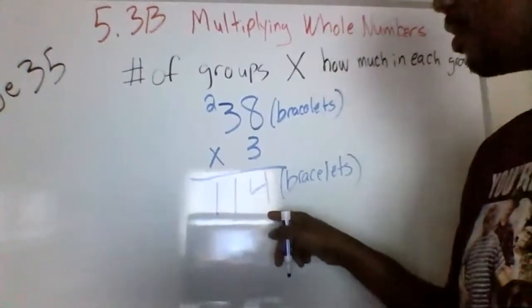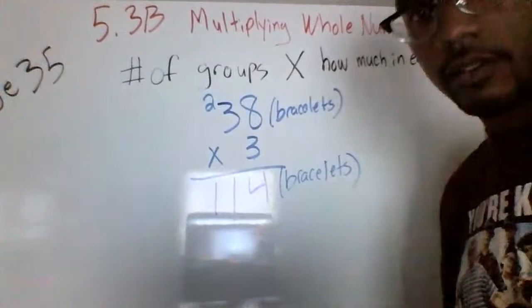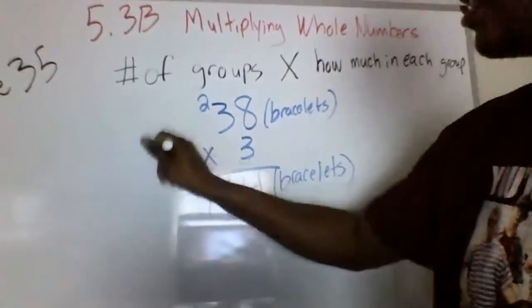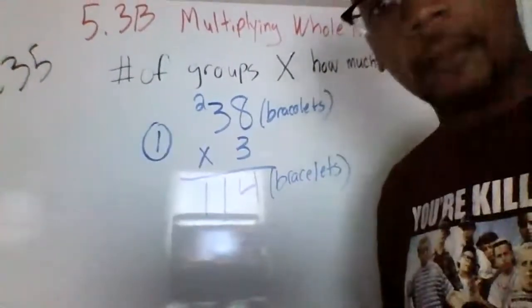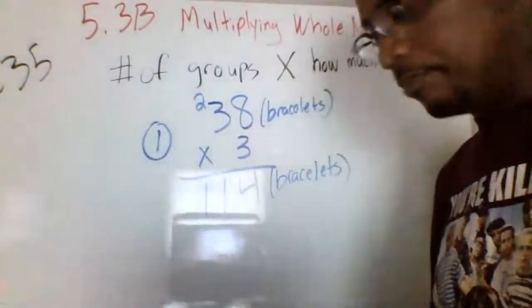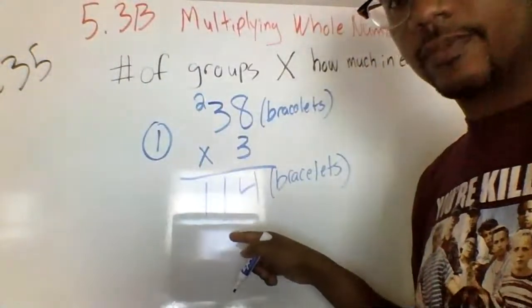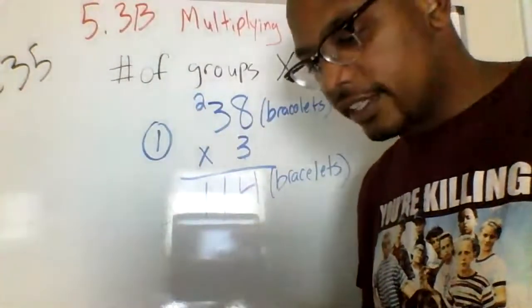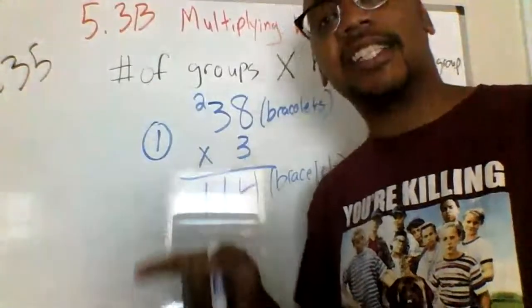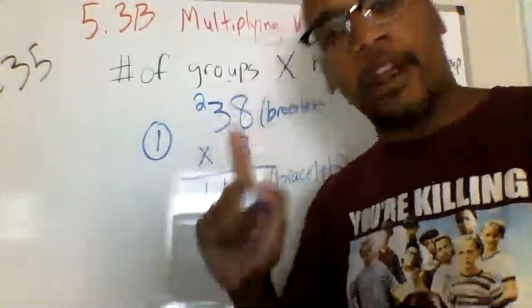But there's 114 total bracelets. Right? Now, that's just step one. I don't want to know how many bracelets. I want to know how many beads they made. But now that I know you're going to make 114 bracelets, the next sentence says they use 56 beads to make one bracelet.